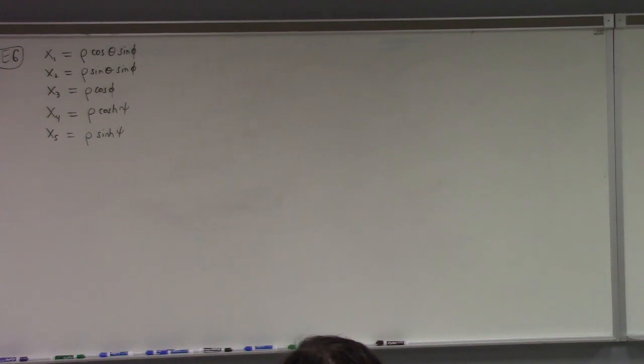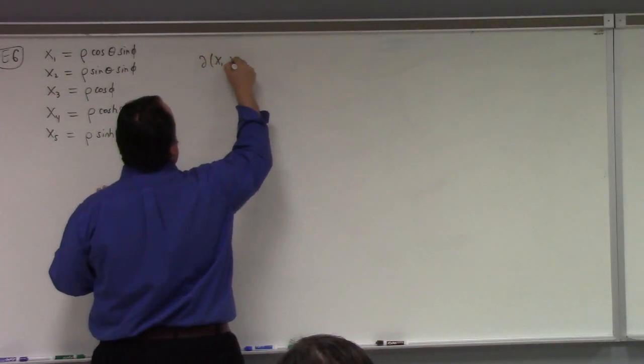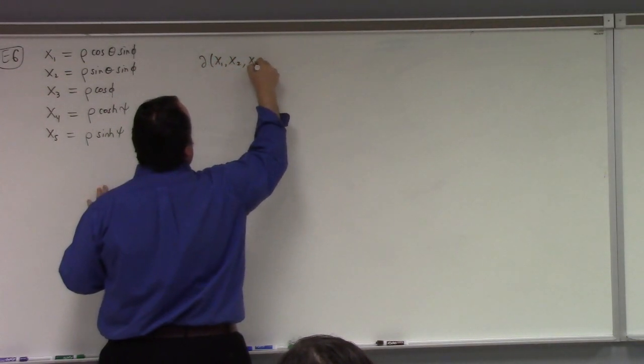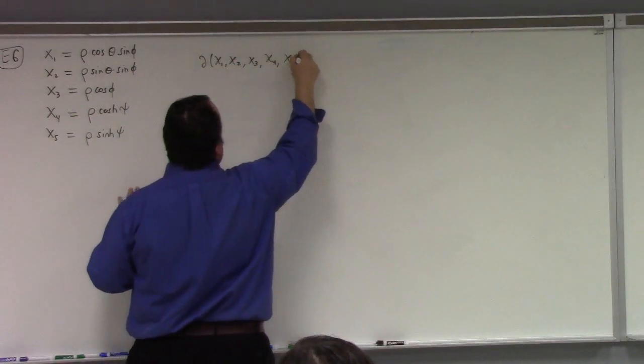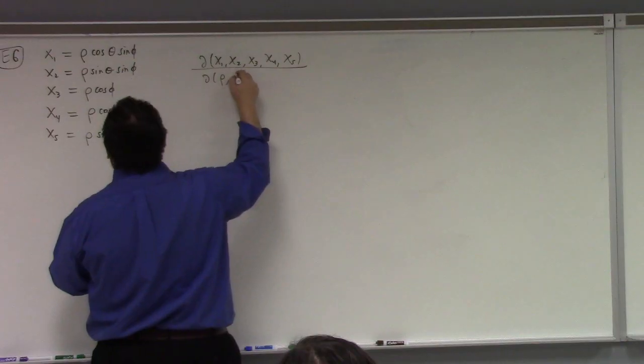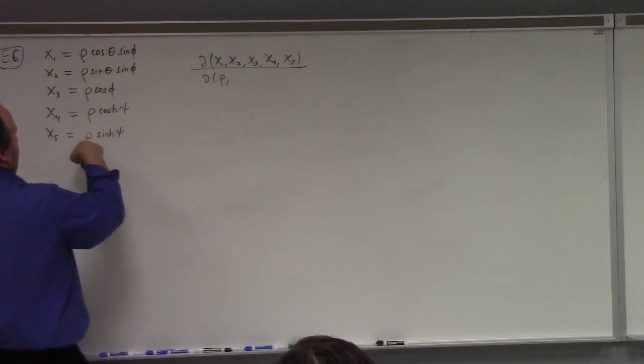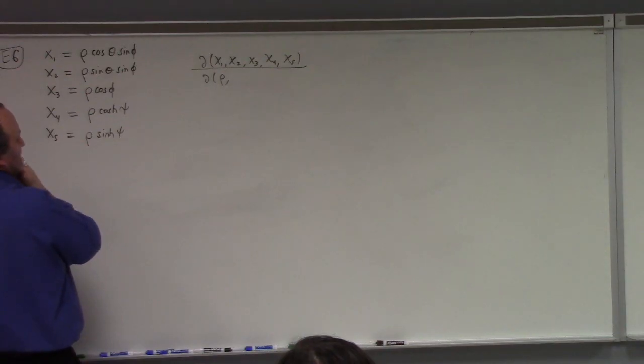What's its Jacobian? That's horrible to calculate. Oopsie, I need to introduce something else here. I can't just use rho, I need something else.